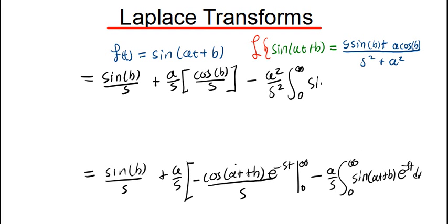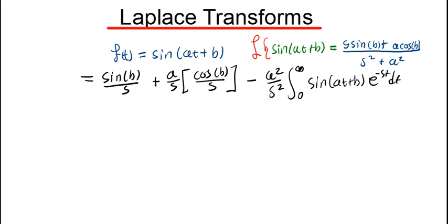Then we say sine a t plus b, then by e to the minus st dt. Remember, initially this is what I was looking for. This is just the Laplace transform of that one there.